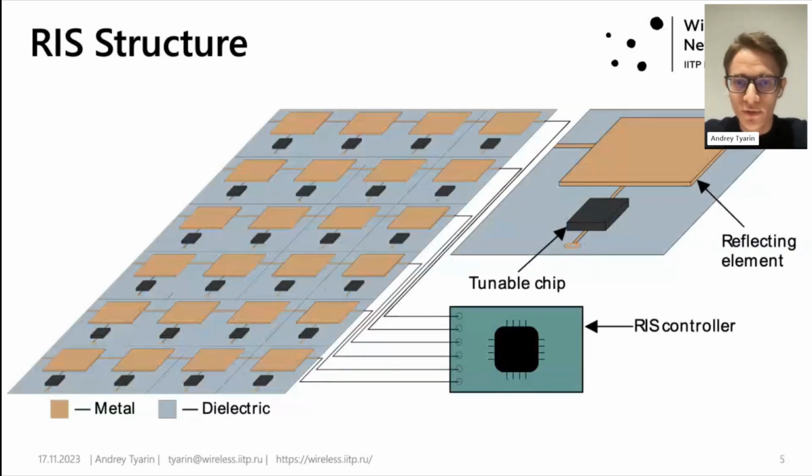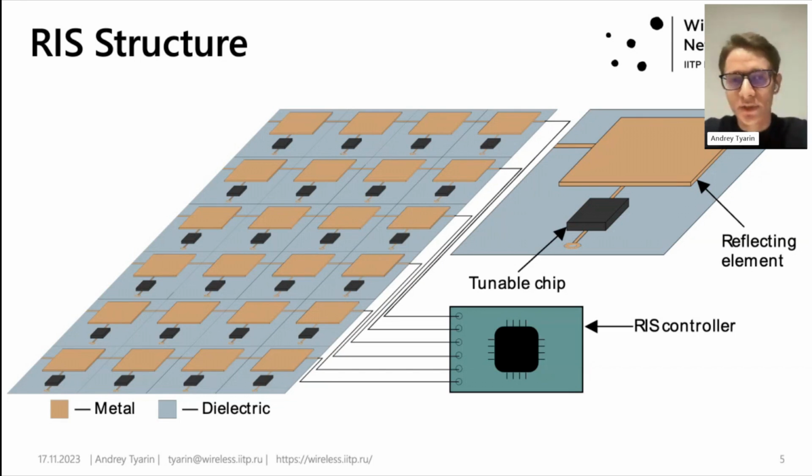Now, let's talk about RIS structure. These slides demonstrate a common structure of RIS. RIS consists of low consumption scattering elements named UCs, as I mentioned earlier. Each UC is made of metal and dielectric and contains a reflecting element and a tunable chip. A reflecting element is typically a rectangular metallic patch.